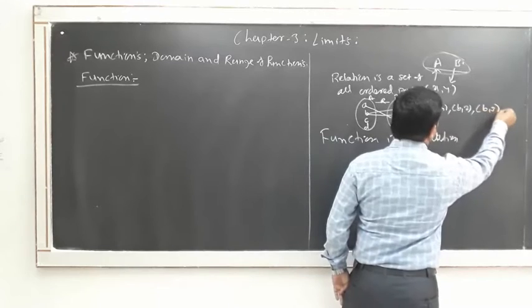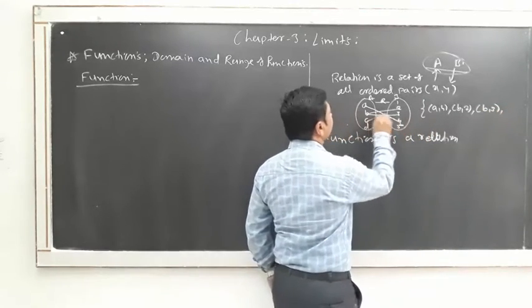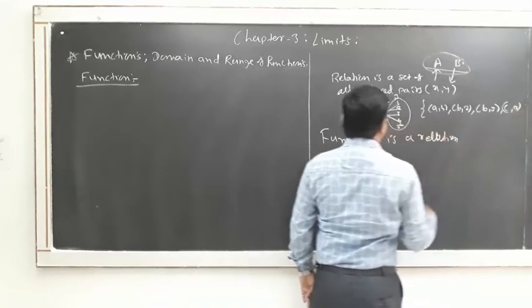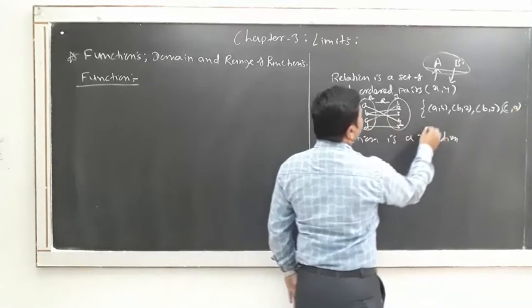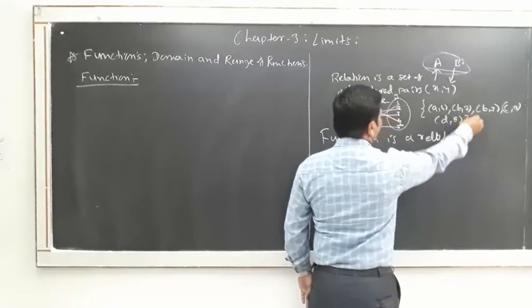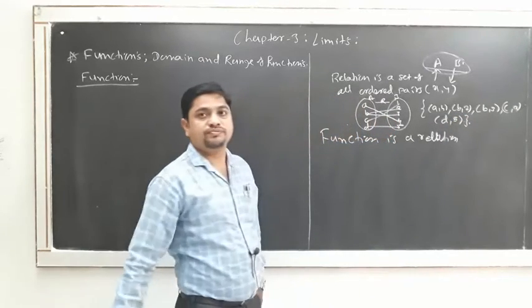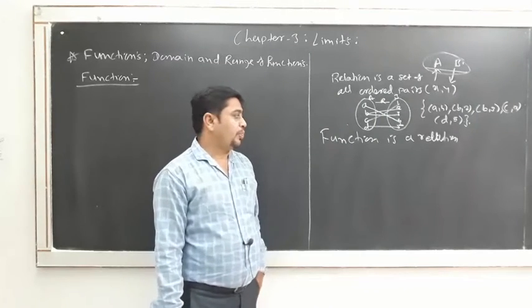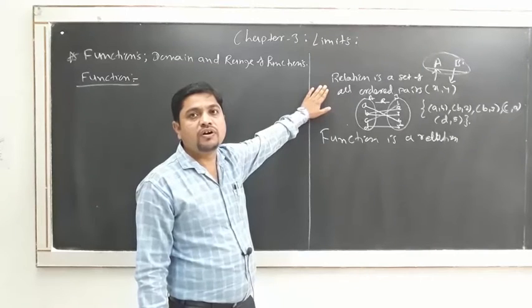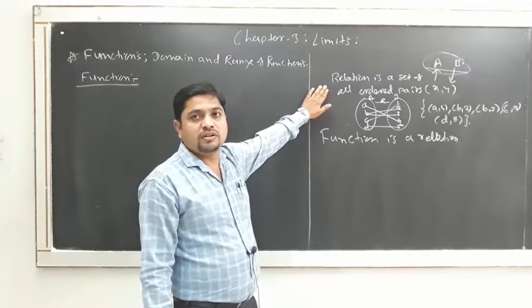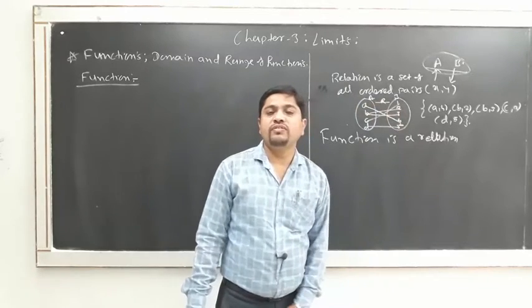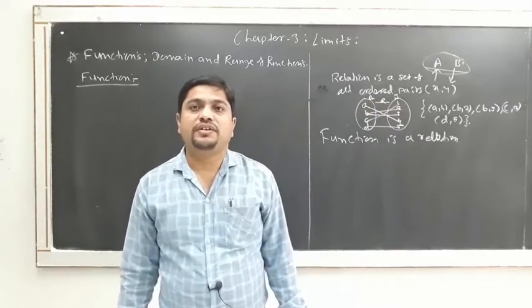Then c is related to a, and suppose d is related to 5. So this is your relation. Relation is just a set of all ordered pairs (x, y), where the first element x is from one set and y is from the other set.